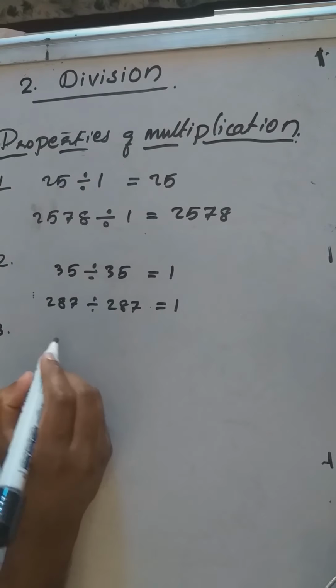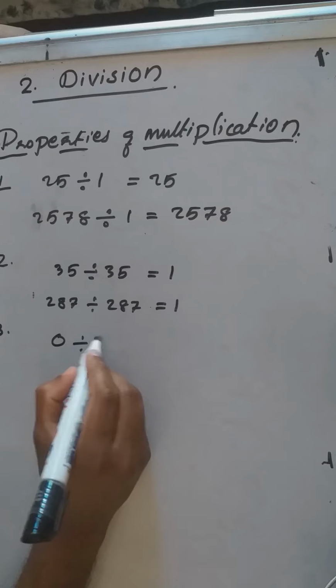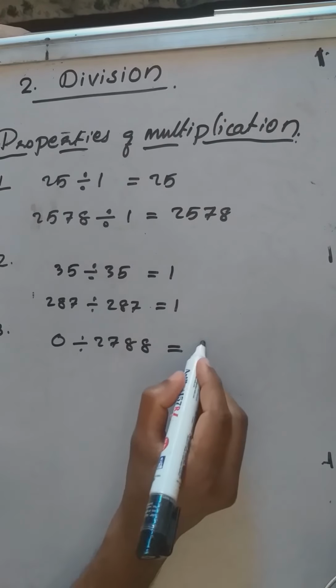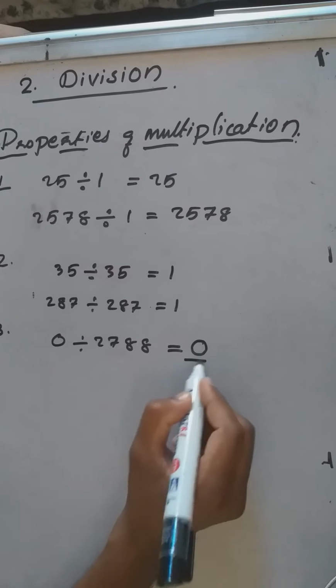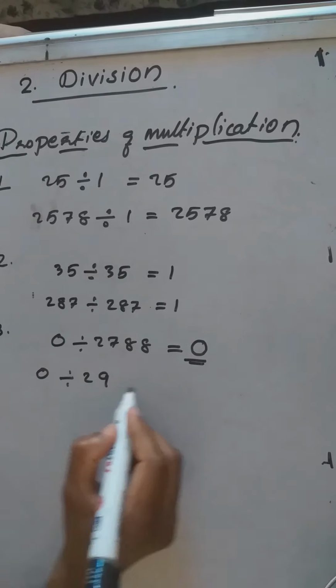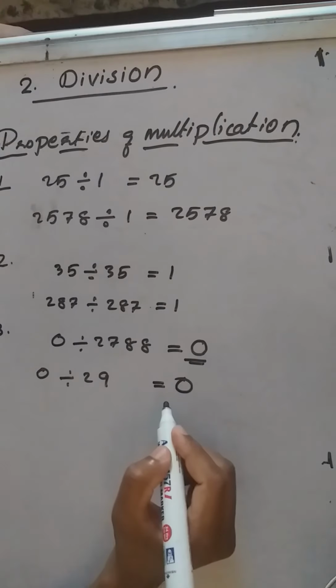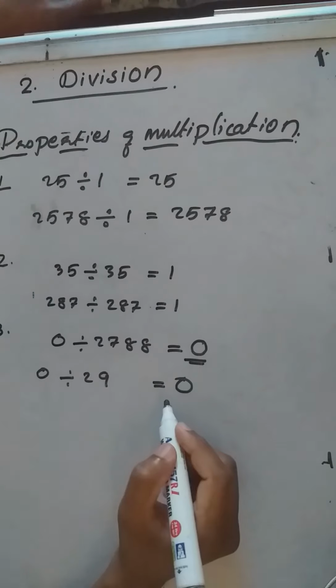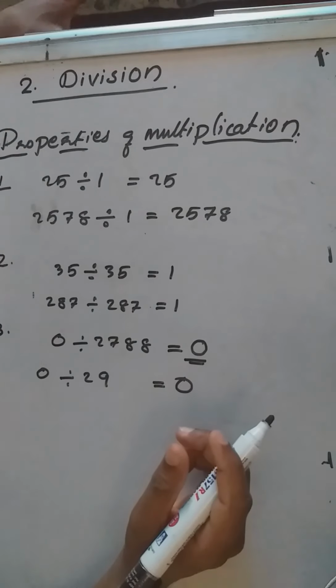Then the third property says when 0 is divided by any number, the quotient is always 0. That means if you divide 0 by 2788, then the answer will be 0, or 0 divided by 29 is equal to 0. So when we divide 0 by any number, the quotient will be 0 itself.